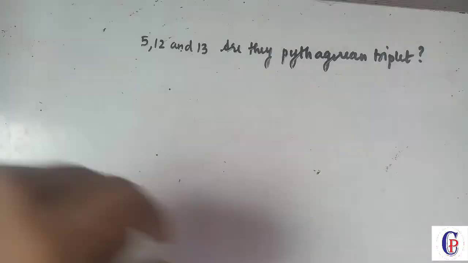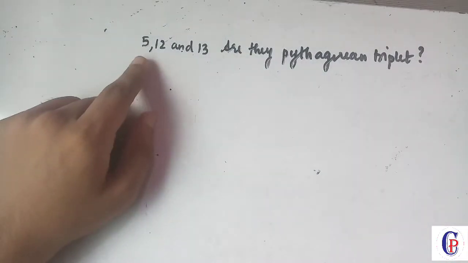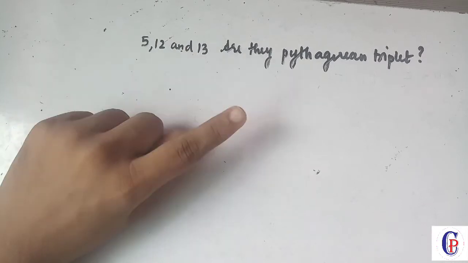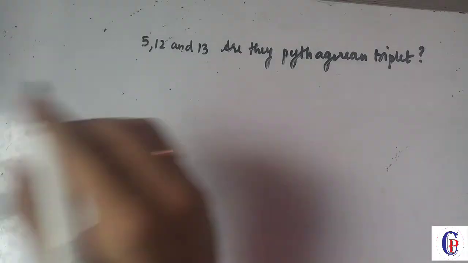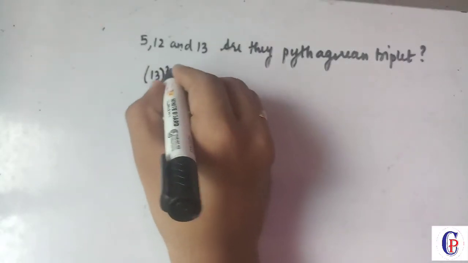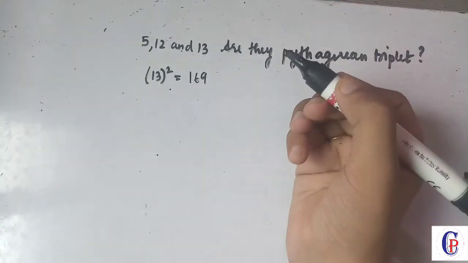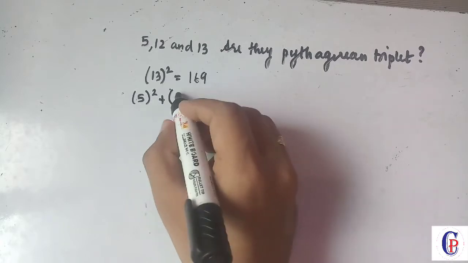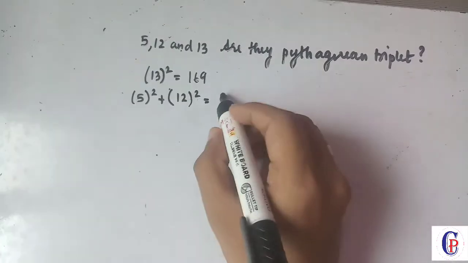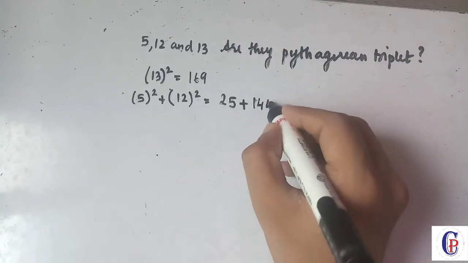Now I have taken another question related to Pythagorean triplet. It says 5, 12 and 13. Are they Pythagorean triplet? We will square the biggest number. 13 square is 169. Then the addition of the squares of the remaining two numbers: 5 square is 25, 12 square is 144.